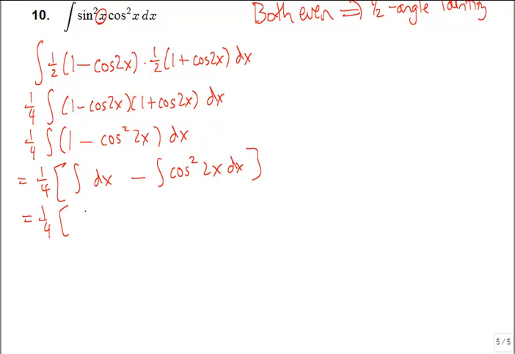Now the integral of dx is just x, but the integral of cosine squared 2x, we don't know what that is, because if you change that to a cosine 2x quantity squared, you can't do pattern recognition on that unless you have the derivative of cosine 2x present, which would mean we would need to have a sine of 2x in this integral as well, which we don't have. So this doesn't have a direct antiderivative, but look at the power, it's even.